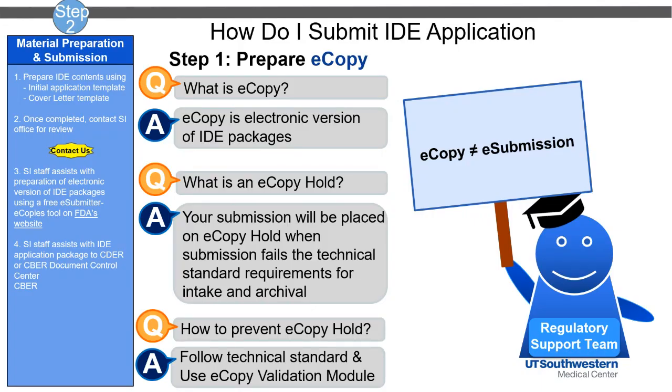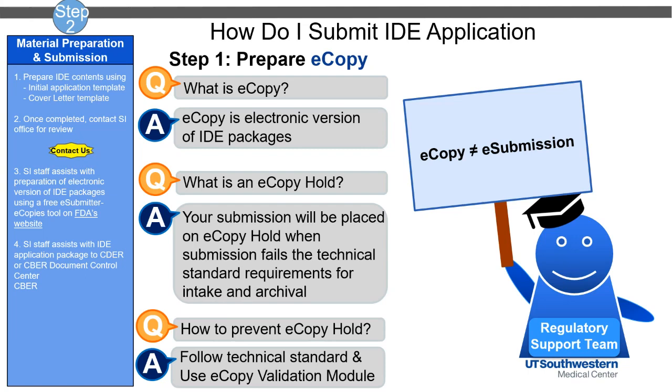Document preparation is the first step in the submission process. IDE application for a majority of devices goes to an online electronic system called CDRH portal, also known as Customer Collaboration Portal. For a small fraction of devices, the submission is made to the CBER.